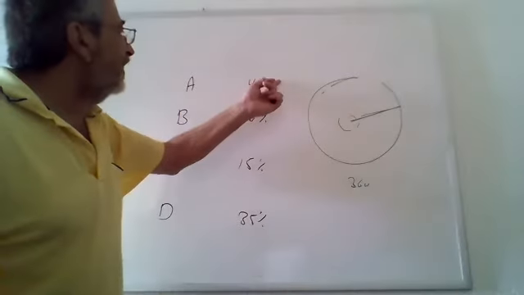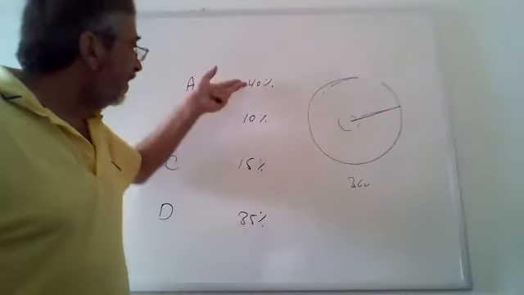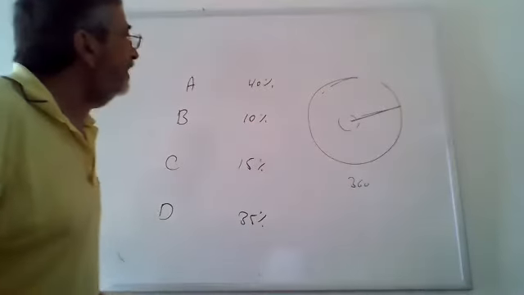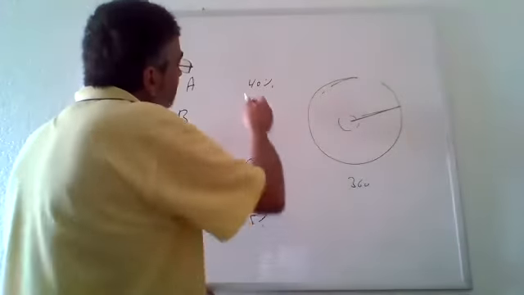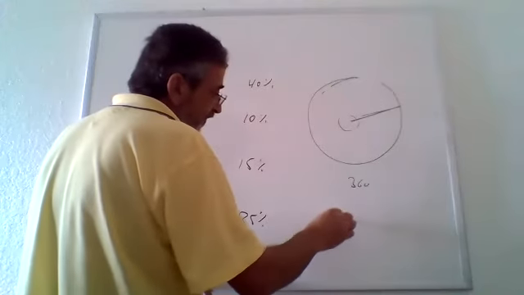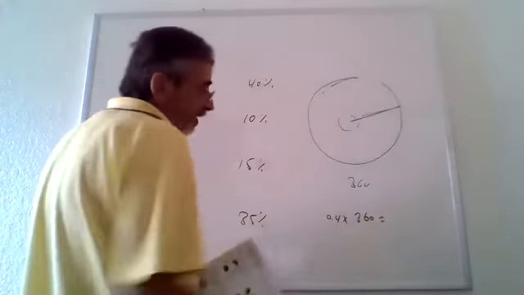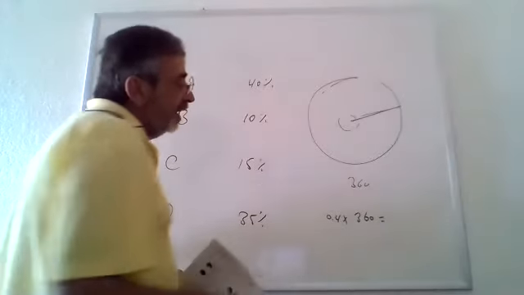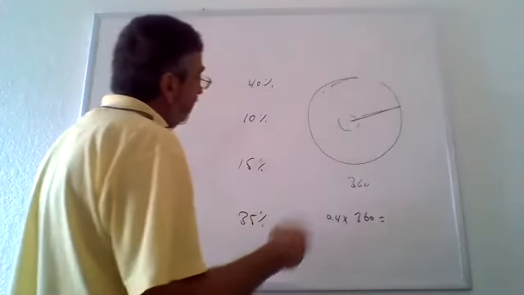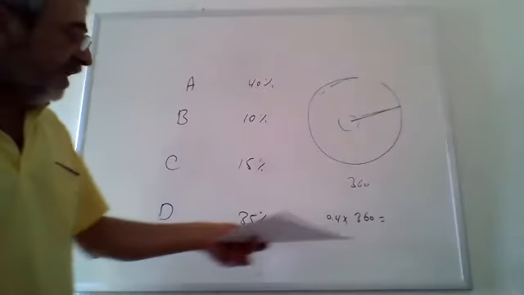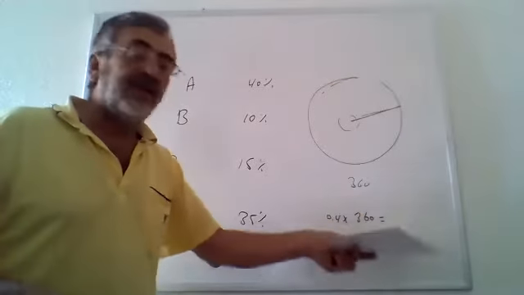So all of these are 100%. So 0.4 times 360, you figure out that number, and that will give you a number in degrees over here.